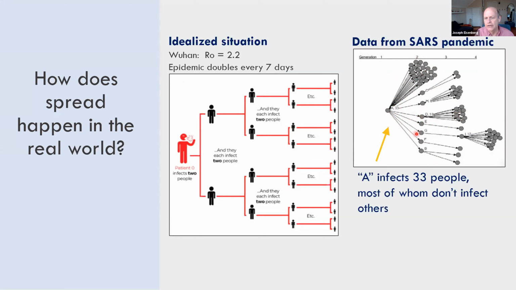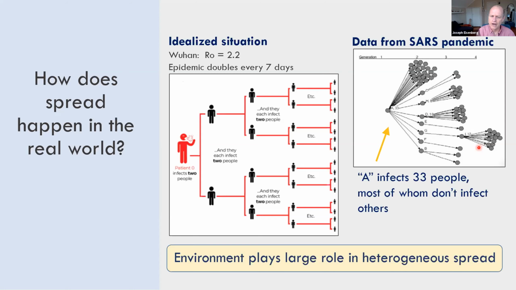And here G transmits to one other person who then transmits to 12. So this kind of super spreading or heterogeneous method of spreading is really how diseases spread, depending on the way in which our social structure is defined.